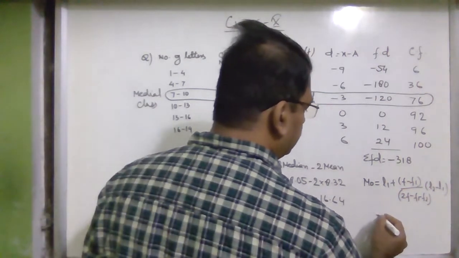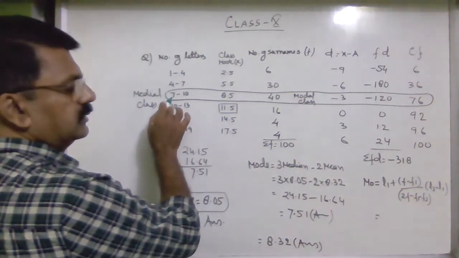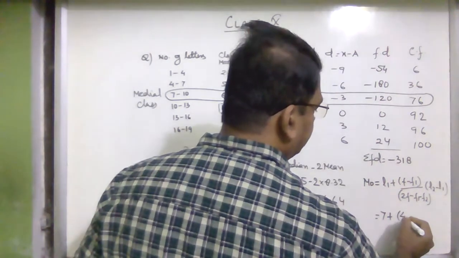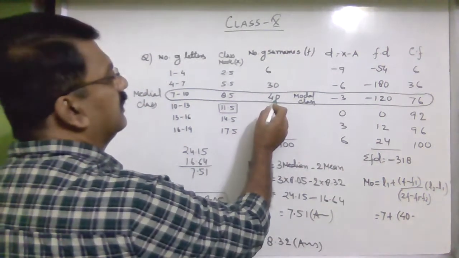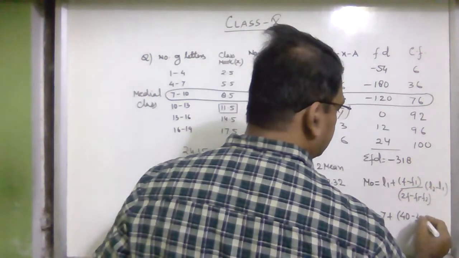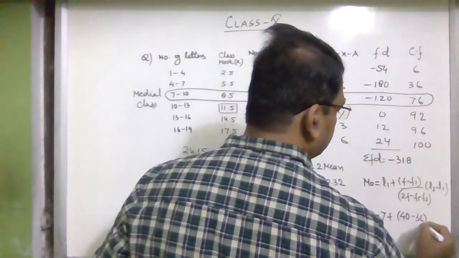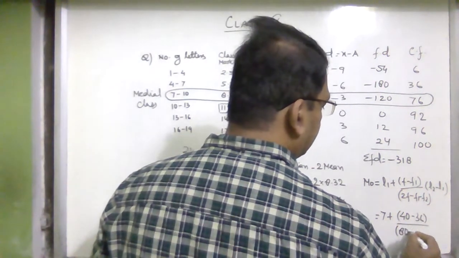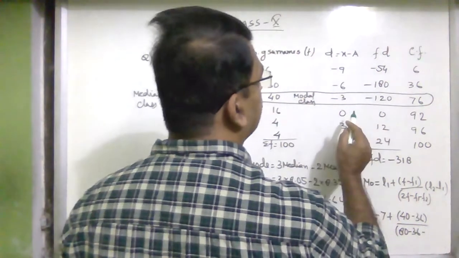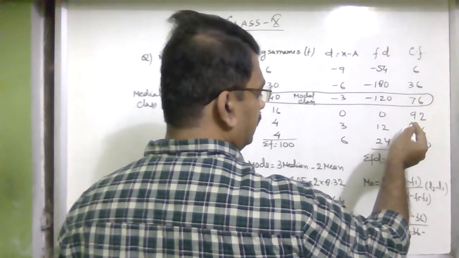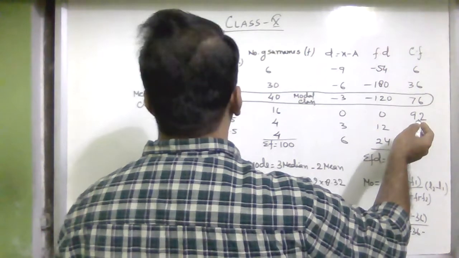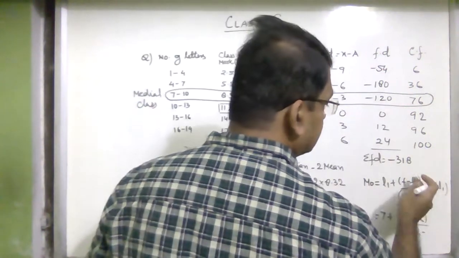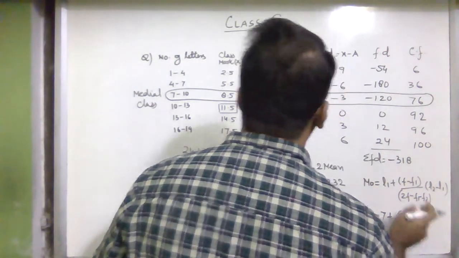Now, as this is the modal class, L1 is 7. So 7 plus 40 minus 30, because F is 40, upon 2F, which means 80, minus 30, minus 16.